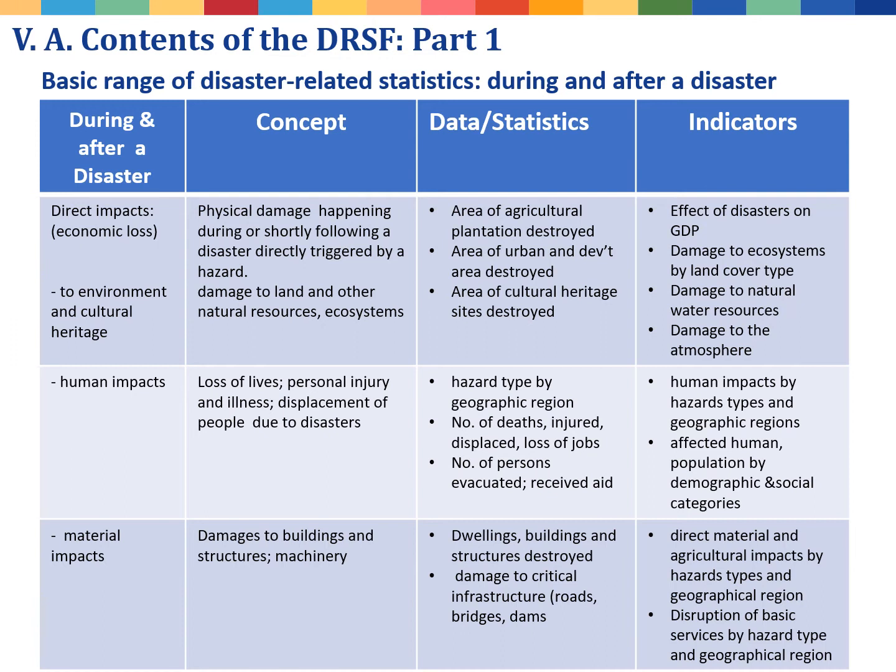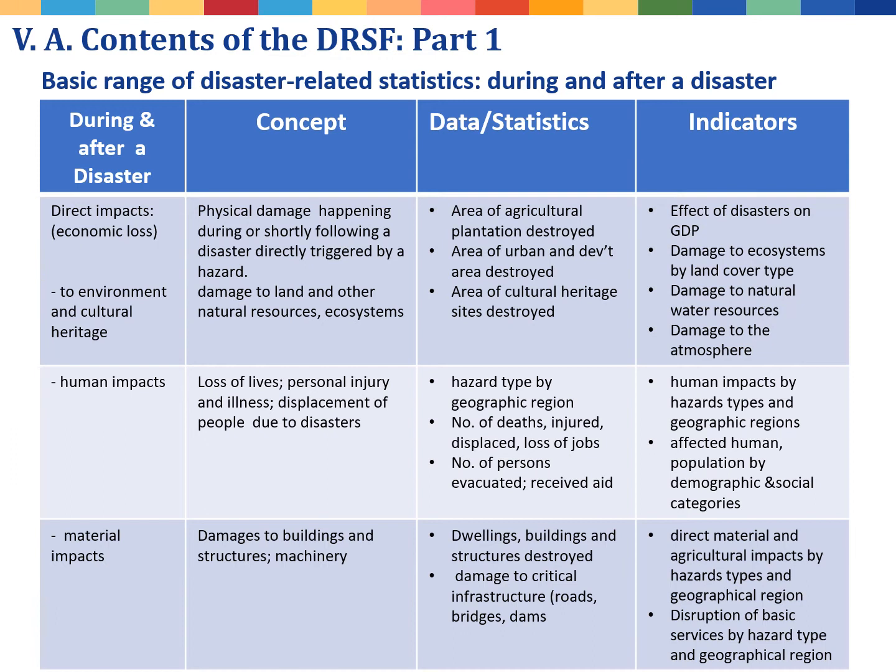So for economic loss, the indicators here would be the effect of disasters on GDP, damage to ecosystems by land cover type, damage to natural resources, and damage to atmosphere. So these may be expressed in terms of physical units and monetary units.